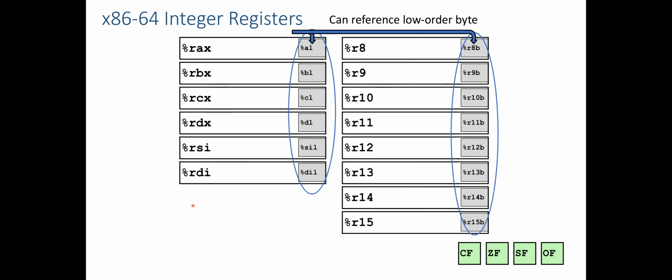Okay, so now we've got these instructions, compare and test. And what we want to see is really, well, how are these things going to get used? And in order to see that, I want you to remember that we can access the very lowest order byte of any register by using these register names that I've highlighted here.